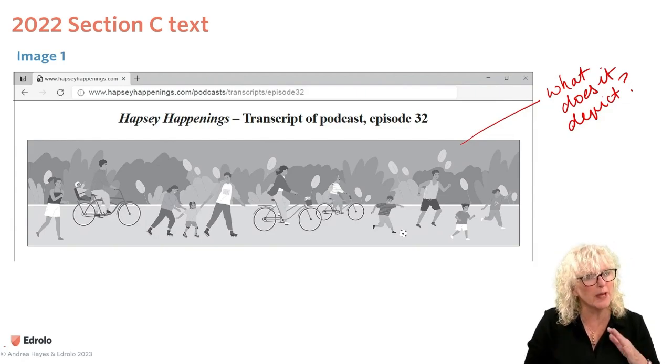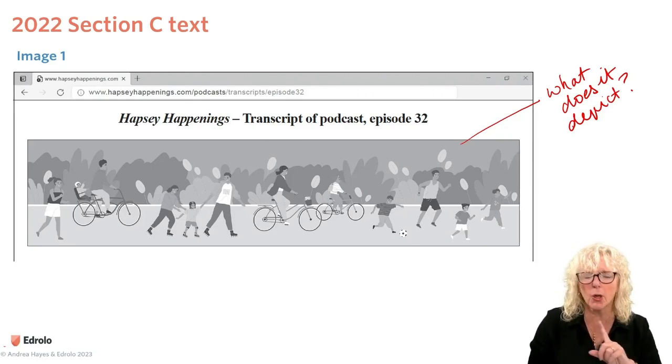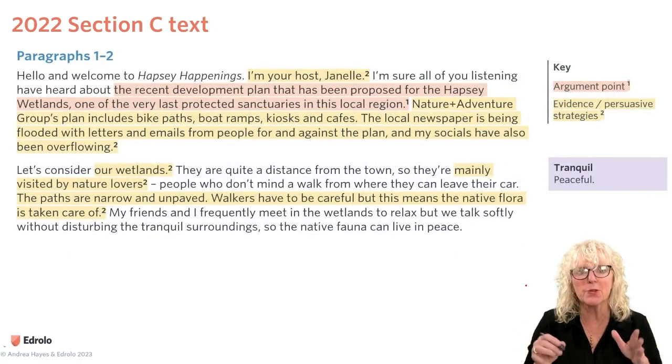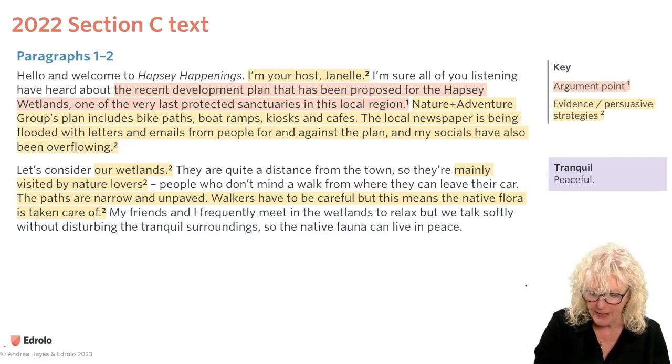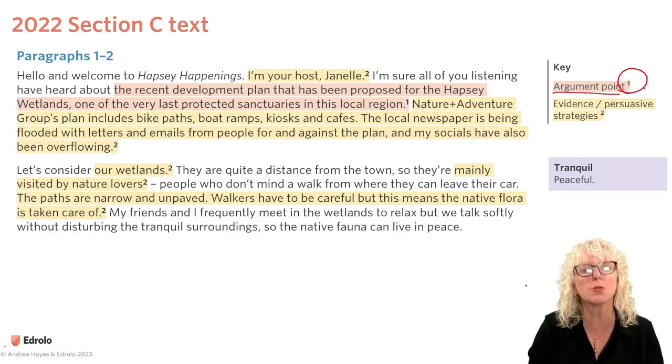It is your opinion, and there can be different interpretations. There's not only one set interpretation. You will notice through these next few exam text slides that we have some shading. The orange shading refers to argument points, and it also has the superscript number 1.